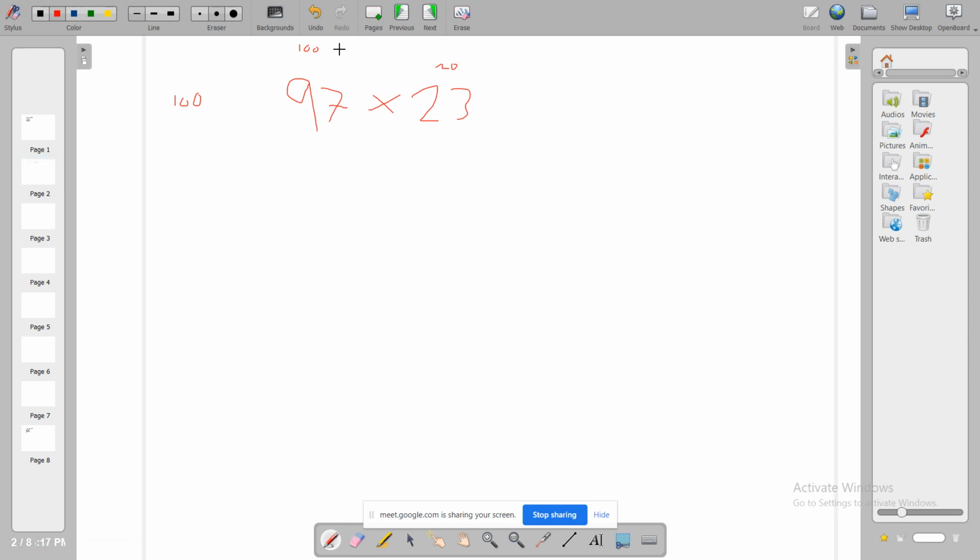So I should think of division. I'm going to use a division sign here. I ask myself, what number do I divide 100 by to give me 20?